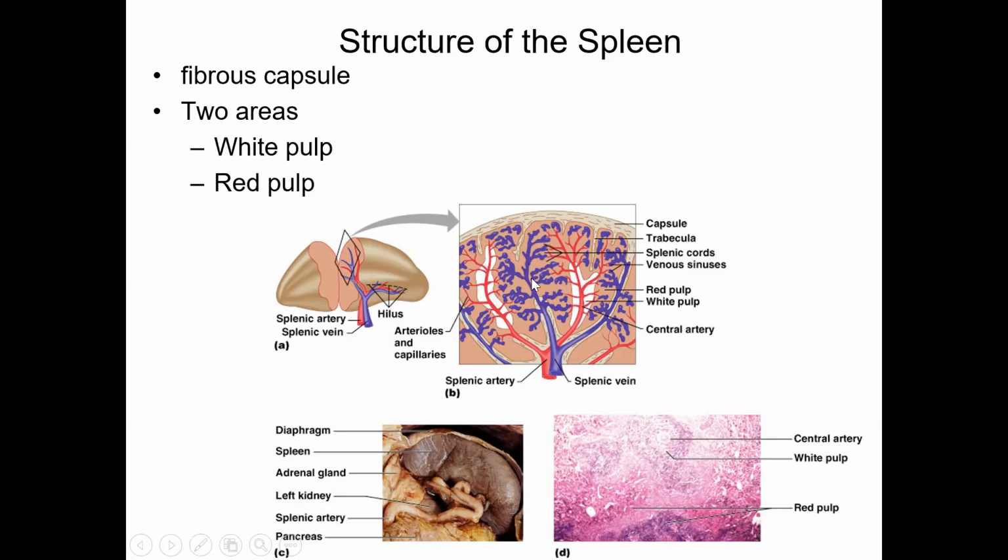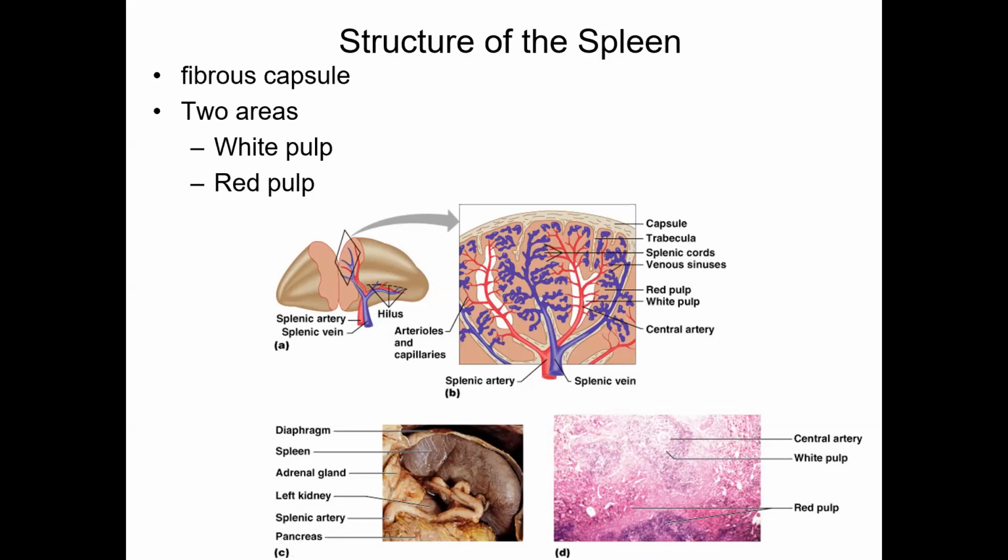Inside, there are a lot of small vessels. Let's see if it's labeled here. Okay, look, these are venous sinuses. And then you have very small arterioles, and the capillary beds inside of the spleen are made of sinusoid capillaries, if you remember that one.